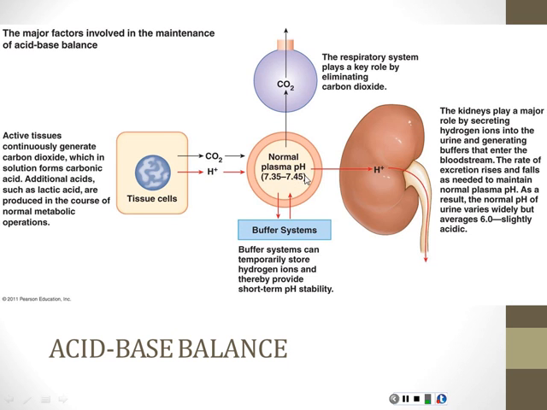Remember we talked about the equation: H plus HCO3 minus gives H2CO3, which gives CO2 plus water. So when we're going this way, CO2 that's also made by the cells ends up producing a hydrogen ion as well. All right, so here's the maker of the acid. Then we have two excretors. The lungs release CO2, and that drives this reaction this way. So as we blow off CO2, we also get rid of a hydrogen ion, right?